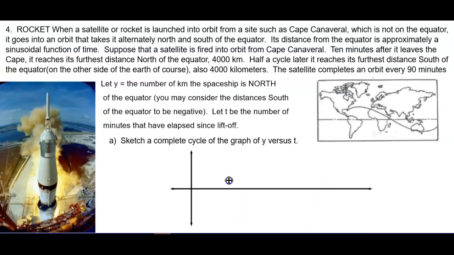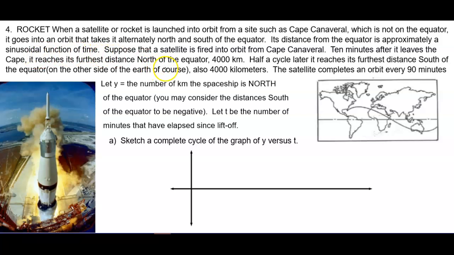All right, last one. I like this space one. It says, when a satellite or rocket is launched into orbit from a site such as Cape Canaveral, which is not on the equator, it goes into an orbit that actually takes it alternately north and south of the equator. Its distance from the equator is approximately a sinusoidal function of time.